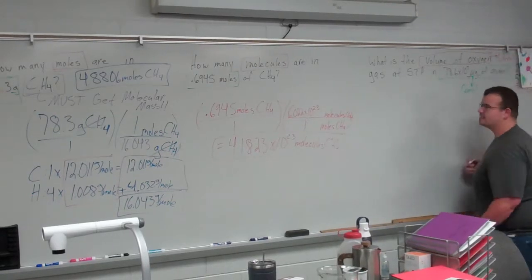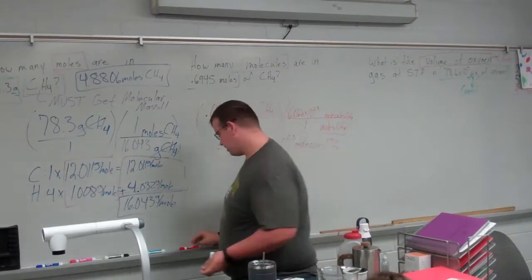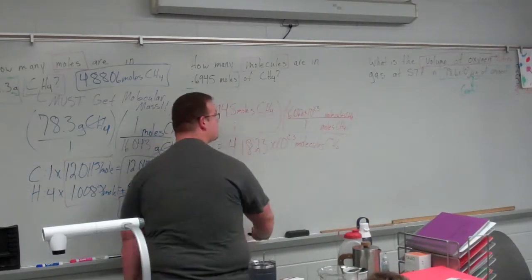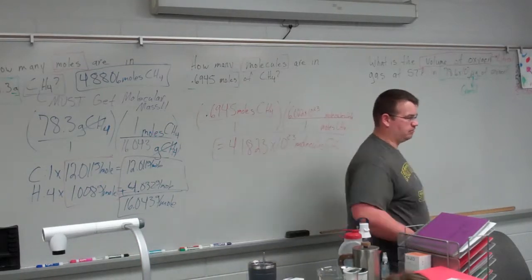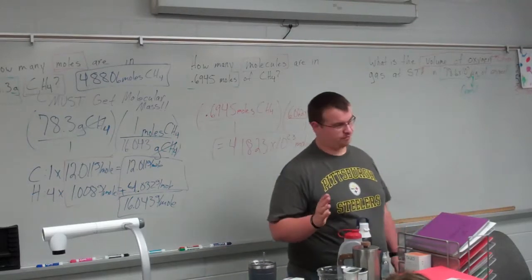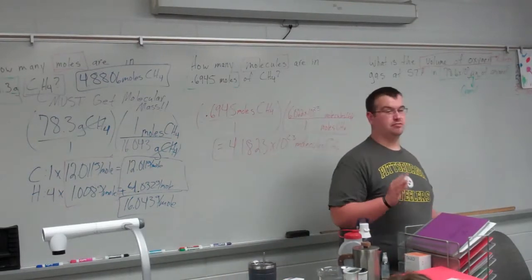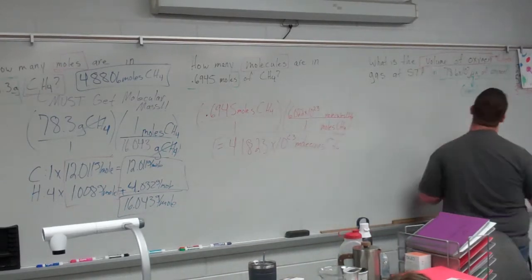So we're trying to get to liters. Are you ready for the trick? It's so subtle. I'm openly telling you right now there are 7 of these, and I will catch you with them. I'm openly telling you they exist. So subtle.